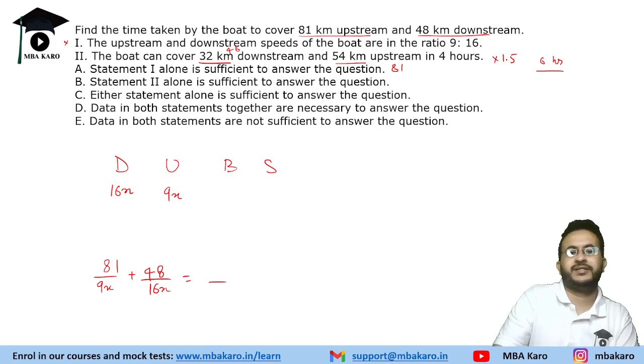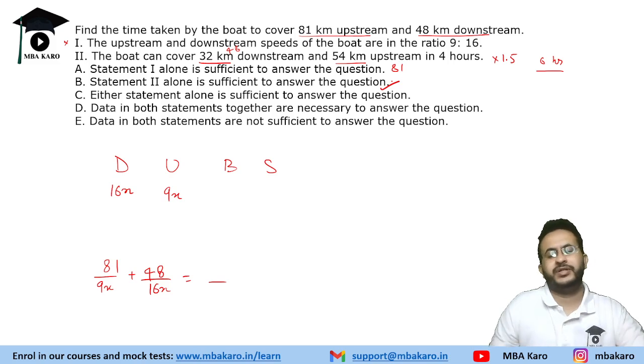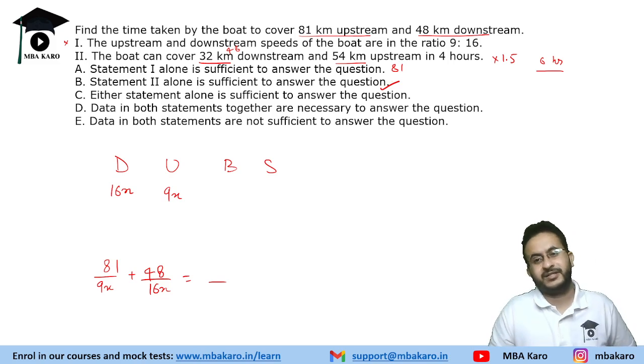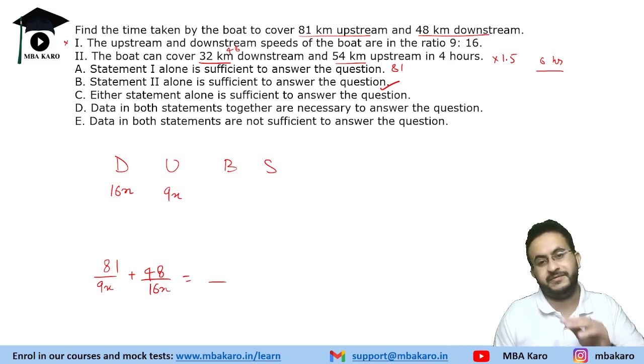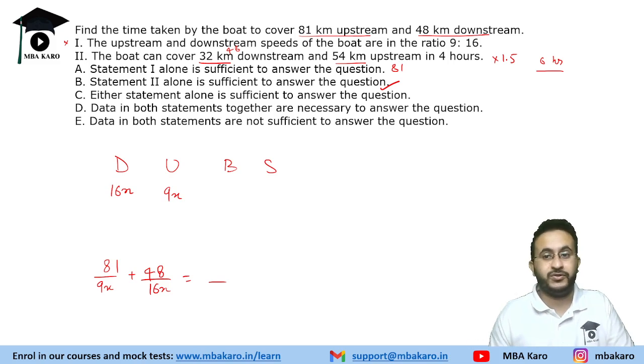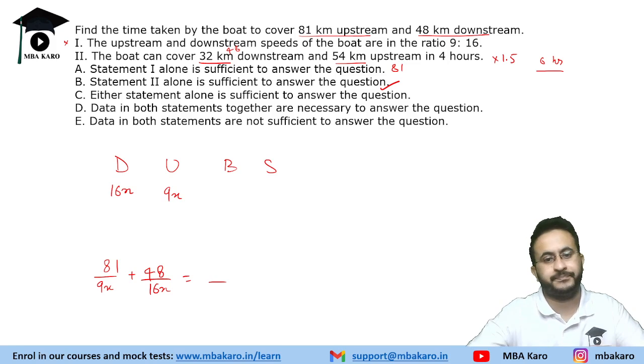So the answer is 6 hours. So statement 2 alone is sufficient to answer the question. If there were some other numbers, it would not be possible to answer it. But this was a special case wherein we could just multiply by 1.5. Like in the previous question also, if there were some other numbers, it would not have been possible to answer it.